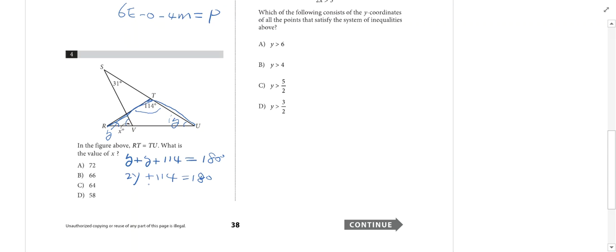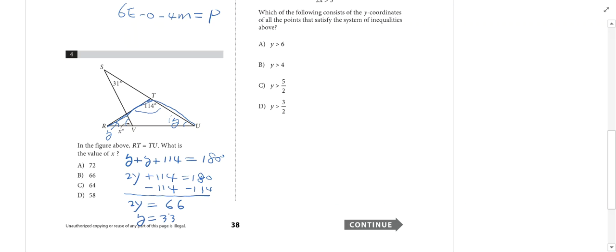And then you minus 114, minus 114. So you will get 2Y equals 66, yes. And then Y equals what?